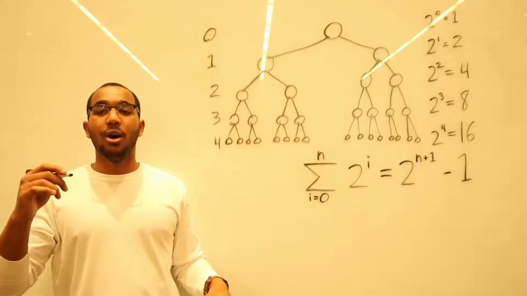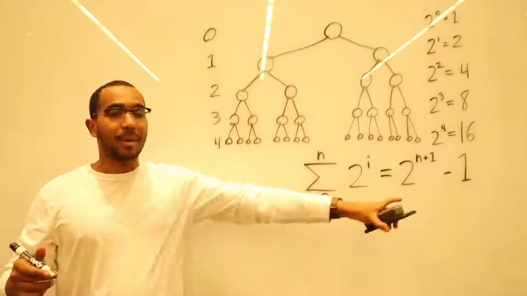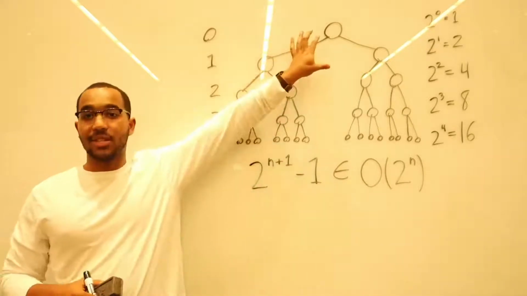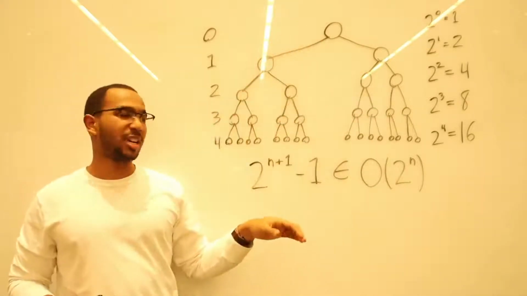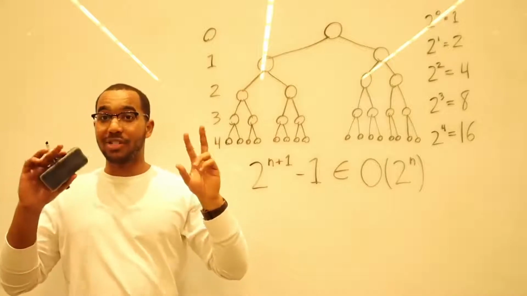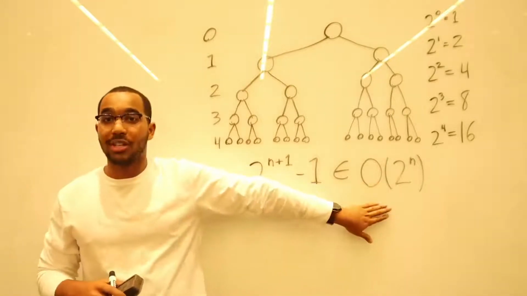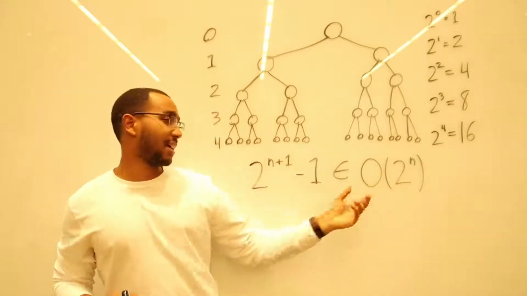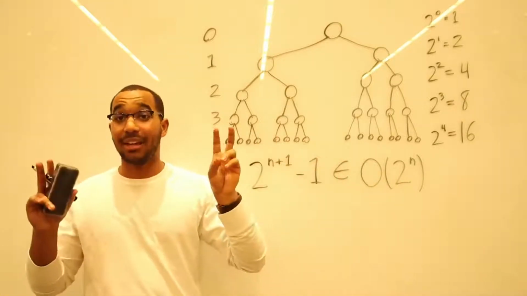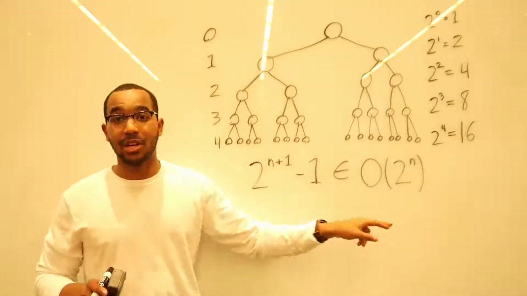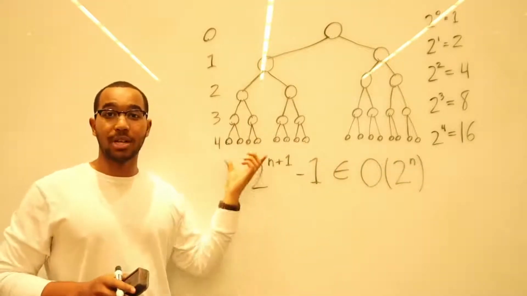It becomes big O of 2 to the n. We drop that minus 1 as well. So what we're saying is this function right here, this function that gives us the exact amount of nodes in this perfect tree for a branching factor of 2, is an element of the class of functions that are upper bounded by 2 to the n. This is just fancy notation for element of. This function is an element of this class of boundings because we're bounding that dominant term.